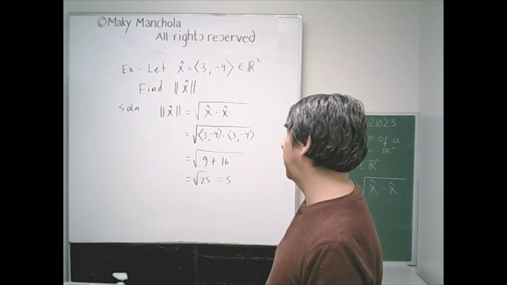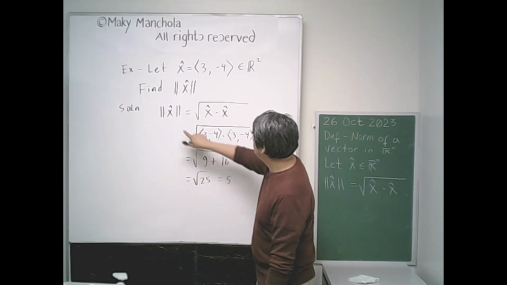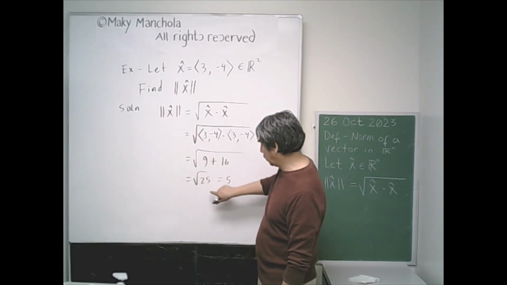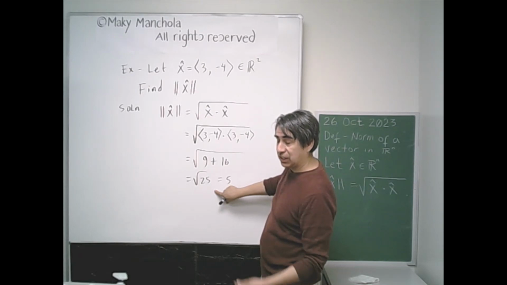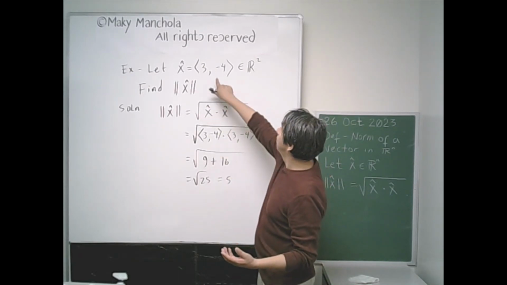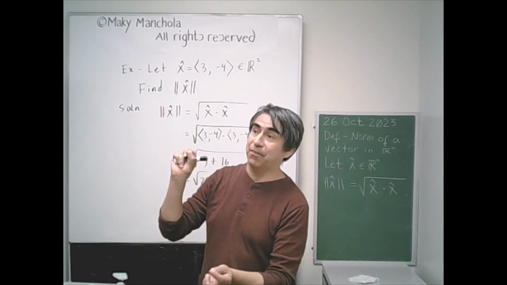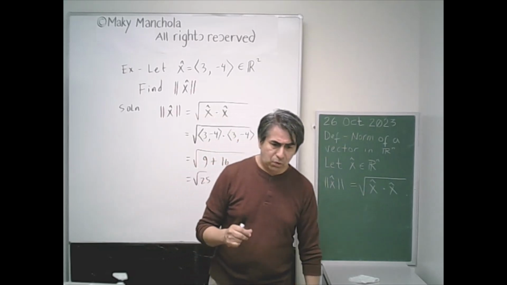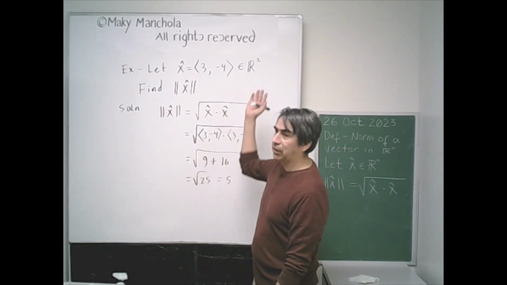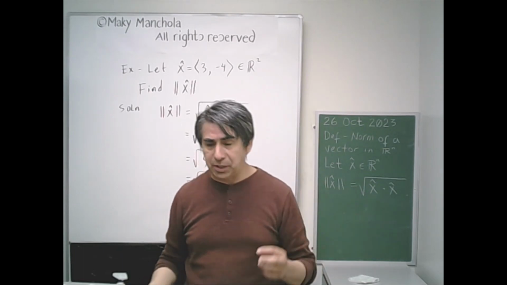Okay, here is an observation. If you think about it, this norm found some number which represents a certain aspect of the vector. The aspect that it is representing is the length of that vector. So if you work out the norm of a vector in R3, it will also represent the length of that vector in R3.